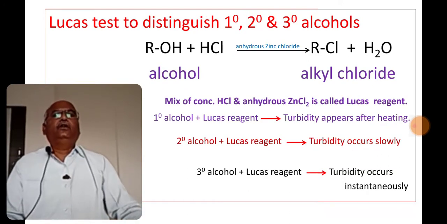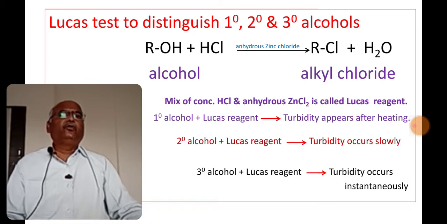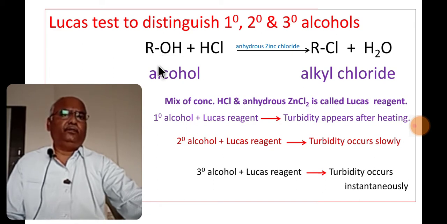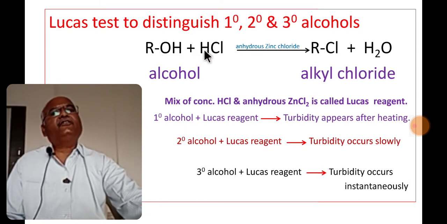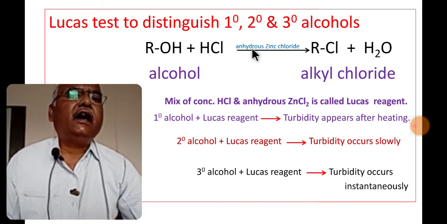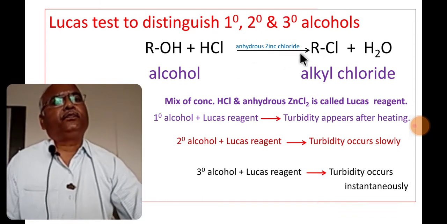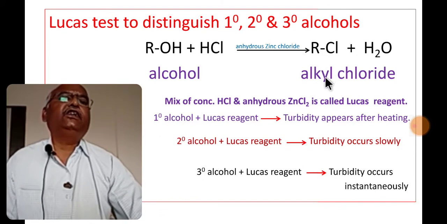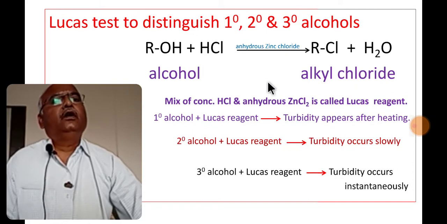Next test, Lucas test to distinguish primary, secondary and tertiary alcohols. ROH is the general formula of alcohol. Alcohol reacts with HCl in presence of anhydrous zinc chloride and R-Cl, that is alkyl chloride, is produced.